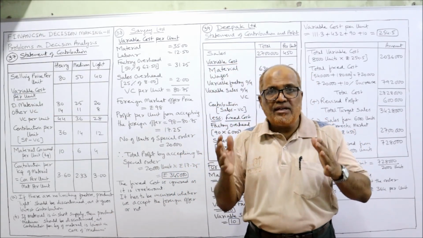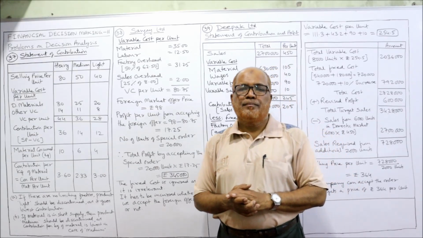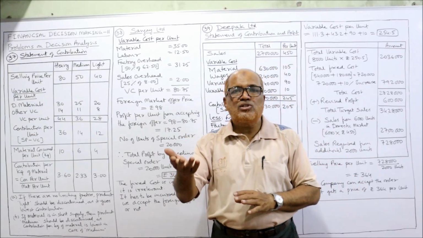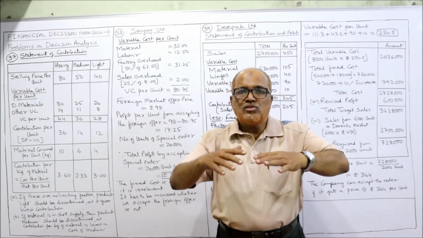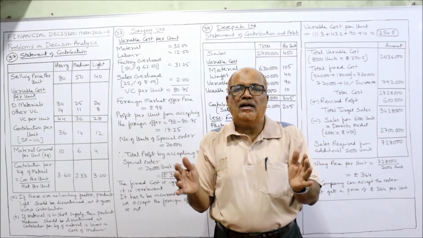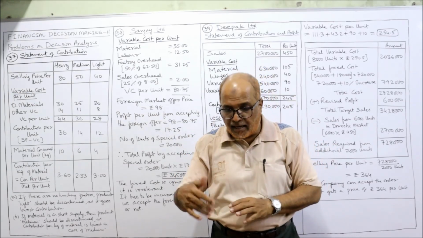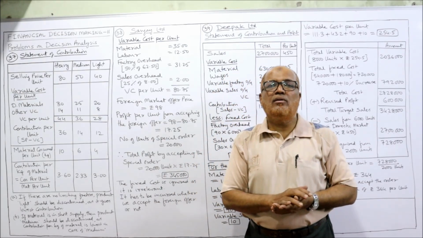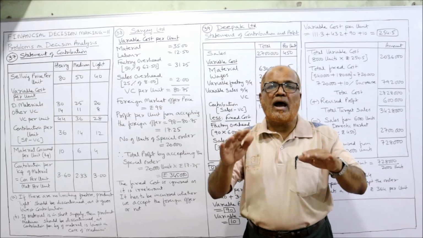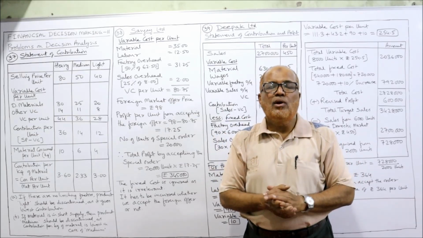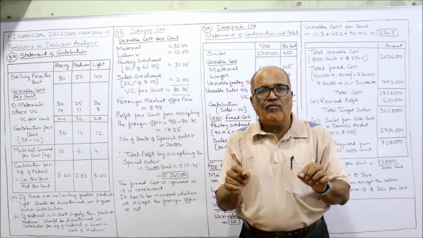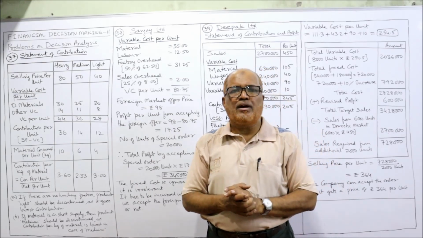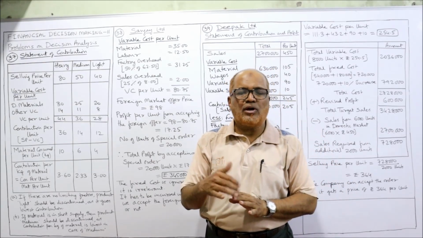Now the company has spare capacity. That means no further fixed cost is required, because within the 100% capacity itself we can make that extra 20,000 units. So the extra 20,000 units do not require additional fixed cost. Whatever fixed cost we are paying right now, the same fixed cost will continue whether we accept the order or not.